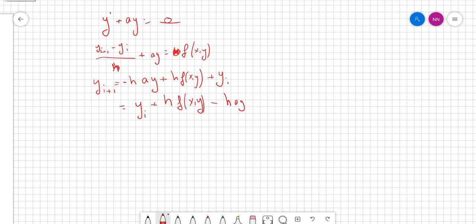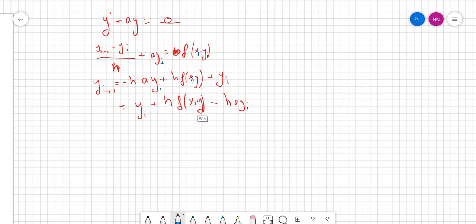I put it this way to rearrange the h, but instead of putting y, we'll put y_i in here. So our equation is completely discretized, which means that I will replace y by y_i, x by x_i, and y by y_i in here. So again, here we will have y_i, x_i, y_i, and y_i.